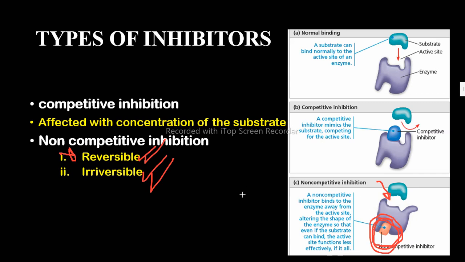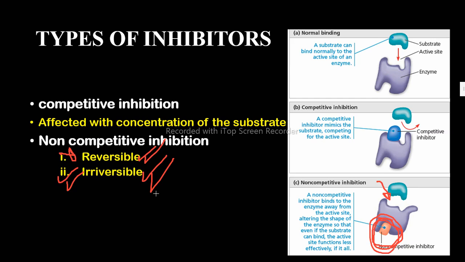However, for the case of irreversible inhibitors, once the inhibitor binds, even if they detach, the extent of denaturation is going to be so high that the enzyme cannot regain its shape.